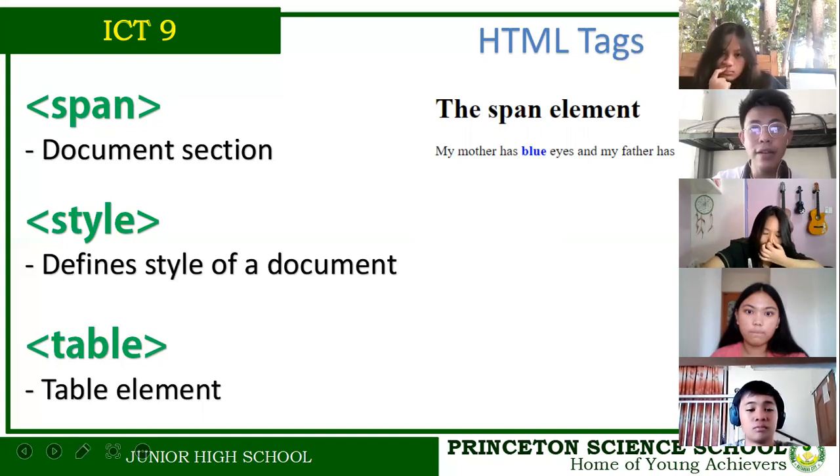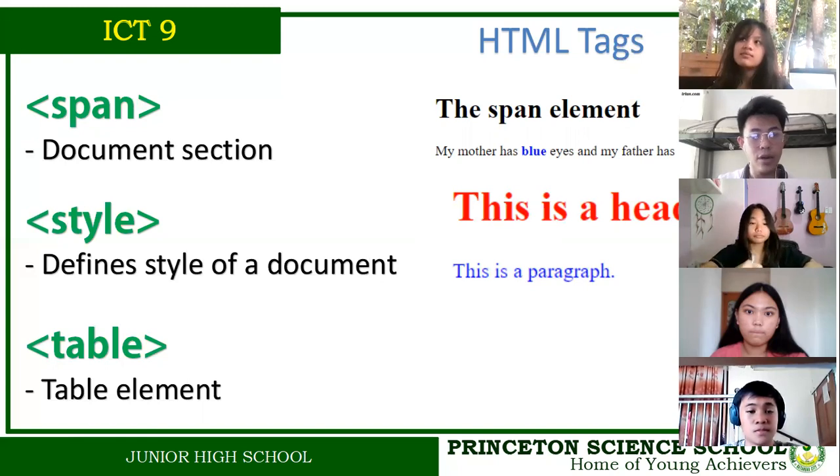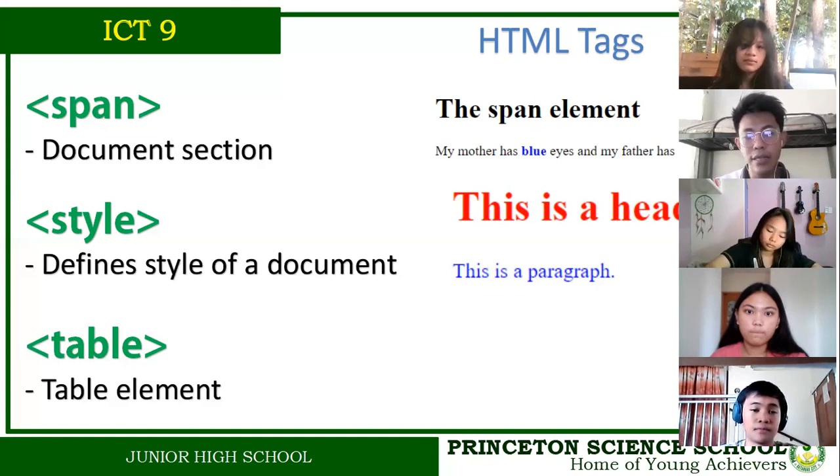The style tag. Last time, I explained that the HTML document is the one responsible for the content, and the CSS or cascading style sheet is the one responsible for applying effects or designs, colors, font styles to your HTML document. So in the style tag, that is where you put the contents of a CSS file.